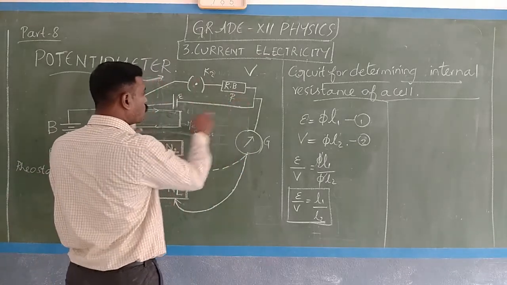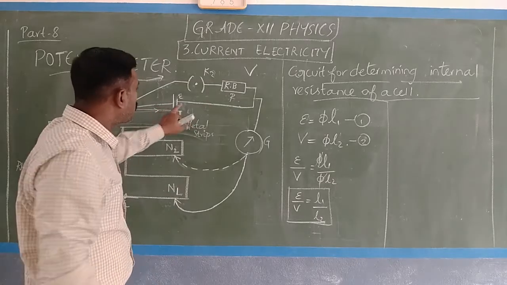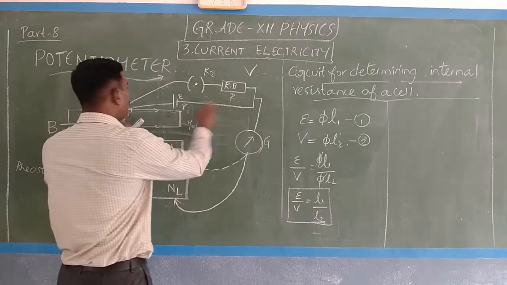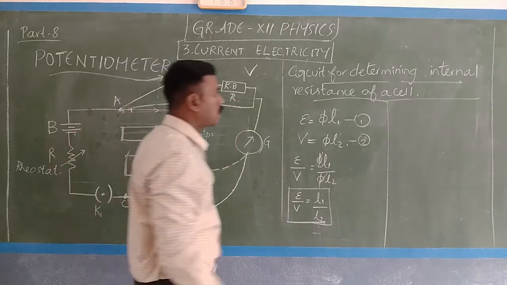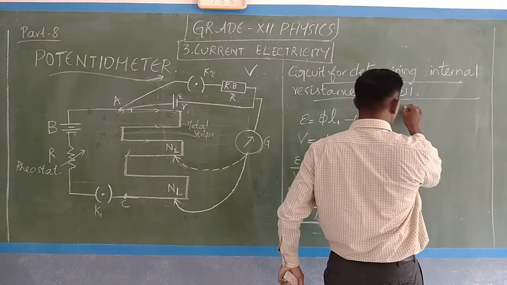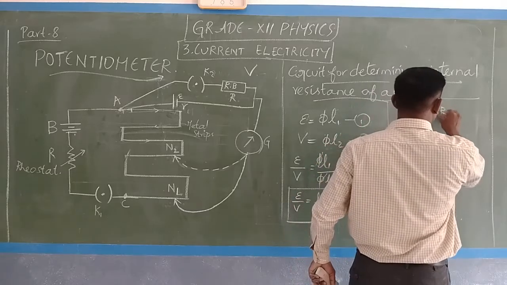So in this loop, E equals I into R plus r.